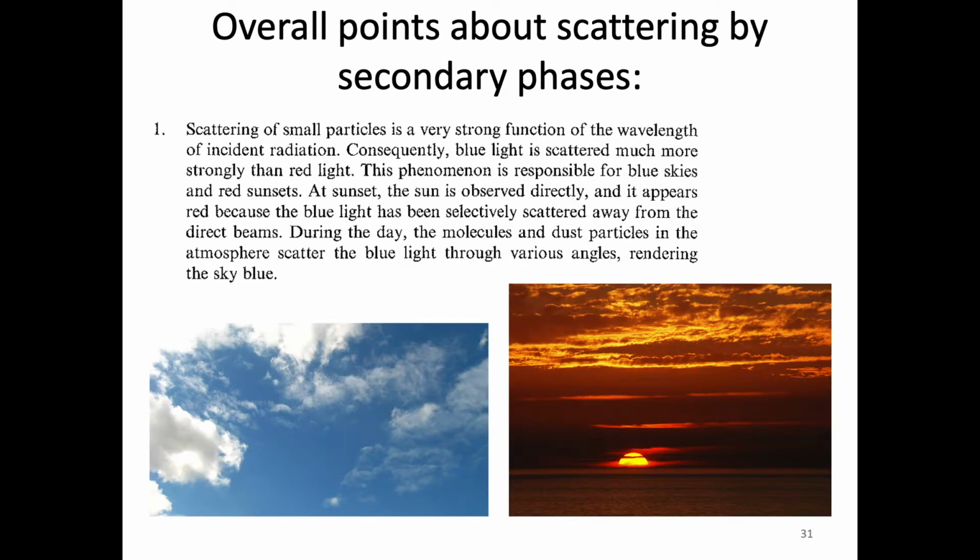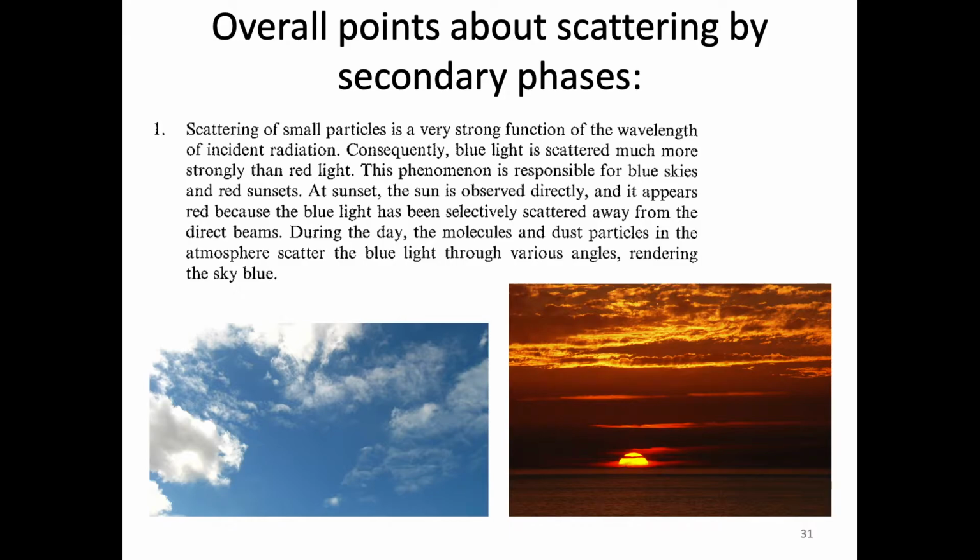As an example of this, with small particles, we see that scattering is a strong function of wavelength. That's what I also showed when we talked about the effects of these defects in the last section. So, for example, blue light is scattered much more strongly than red light.